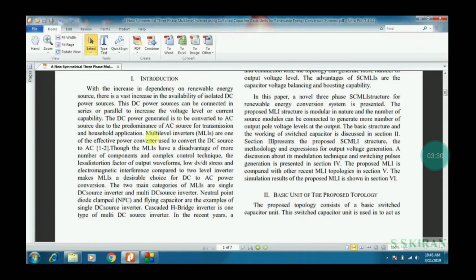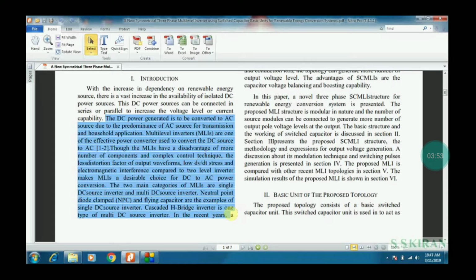Now come back to the abstract part. The DC power generated is to be converted to AC due to the predominance of AC source for transmission and household applications.